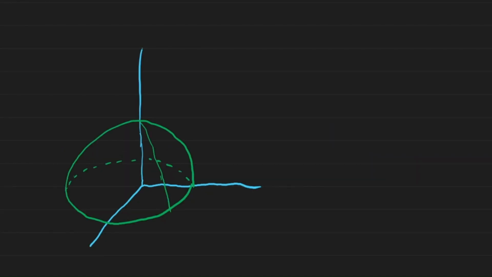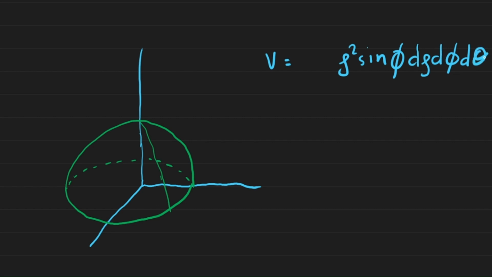We can illustrate the use of spherical coordinates to find the volume of just a hemisphere. A hemisphere is just half a sphere as has been drawn here. So we find the volume, we can see that it's simply just the triple integral, as we have done before, of rho squared sine phi d rho d phi d theta.